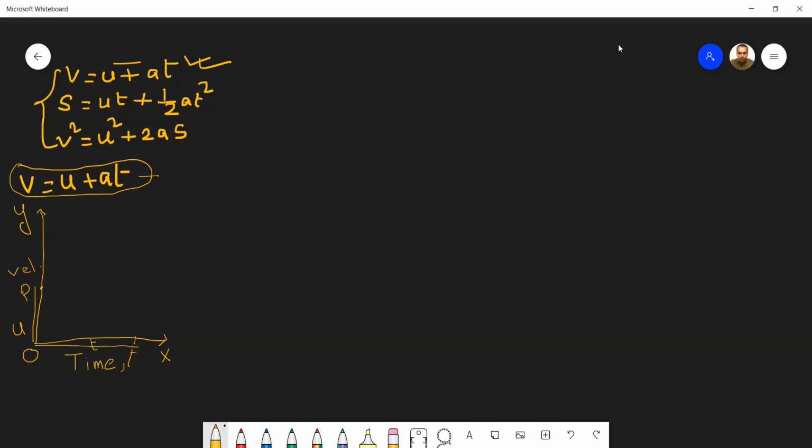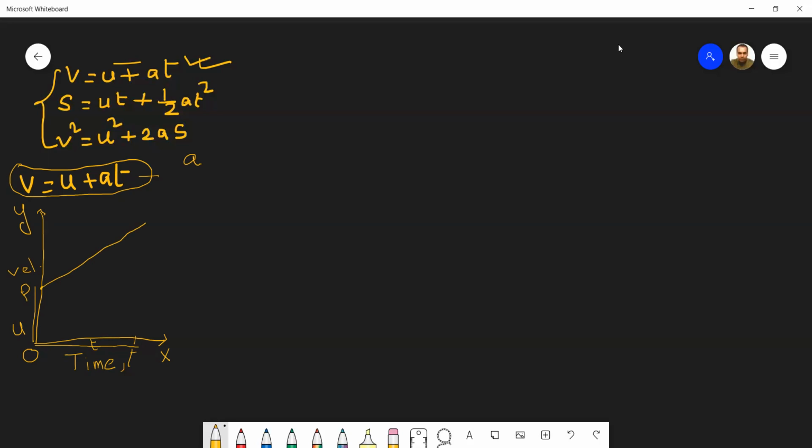The body is accelerating uniformly. It has a uniform acceleration of a, so that the velocity-time plot is going to be a straight line. Maybe this is not a very good looking straight line here, but consider this to be a straight line.